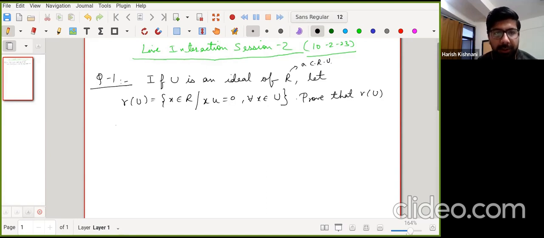So one can show that this new set R of U is also an ideal of the original ring R. You already have an ideal, and using that, you can define another ideal. This new ideal plays a very important role when you go and read modules.